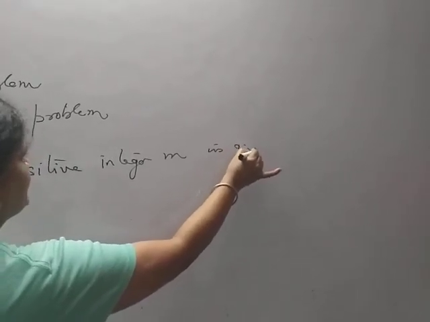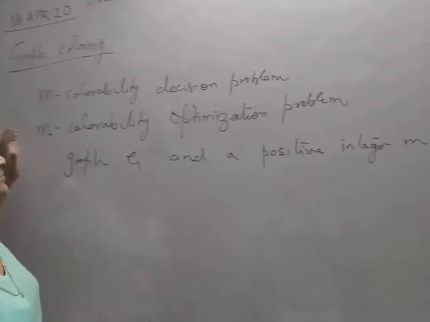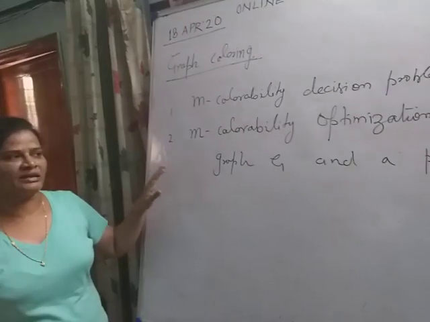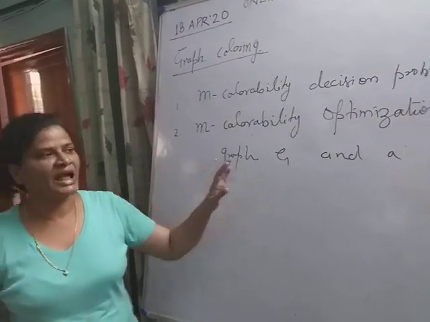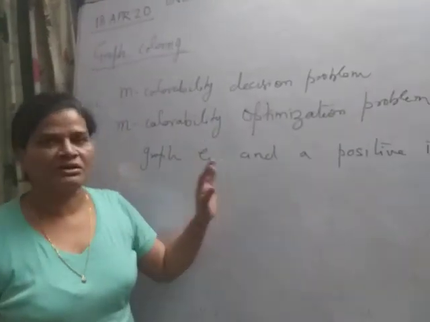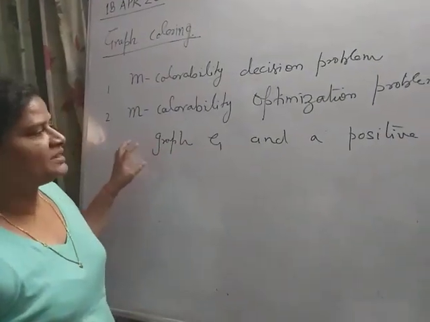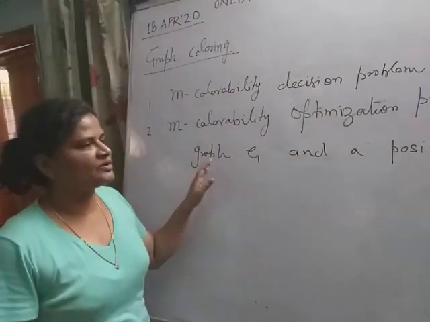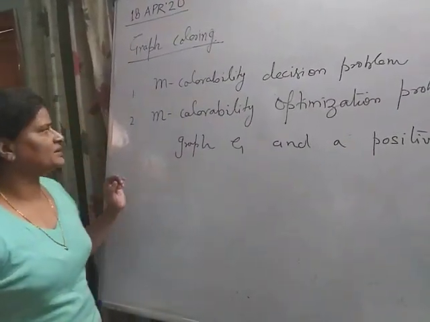The problem is whether the graph can be colored using at most M colors or not. There can be the possibility that a given graph cannot be colored with M colors.